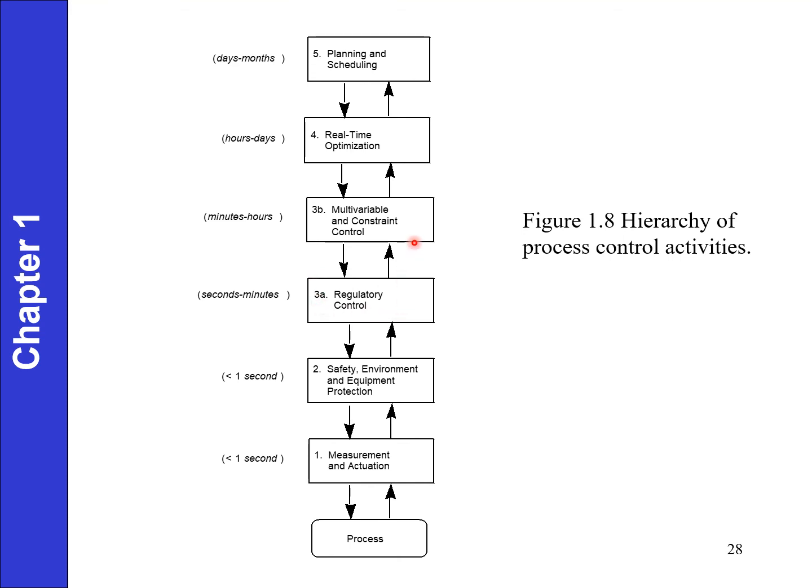The next step is multivariable and constraint control. The next step is real-time optimization, and then it goes to planning and scheduling. So all these things are a two-way operation, and we call it the hierarchy of process control.